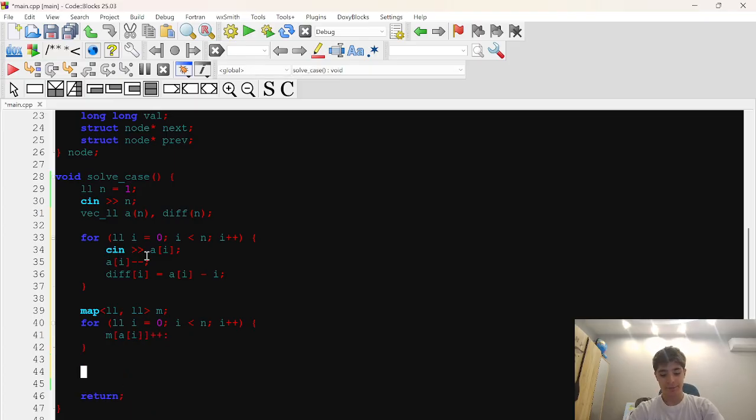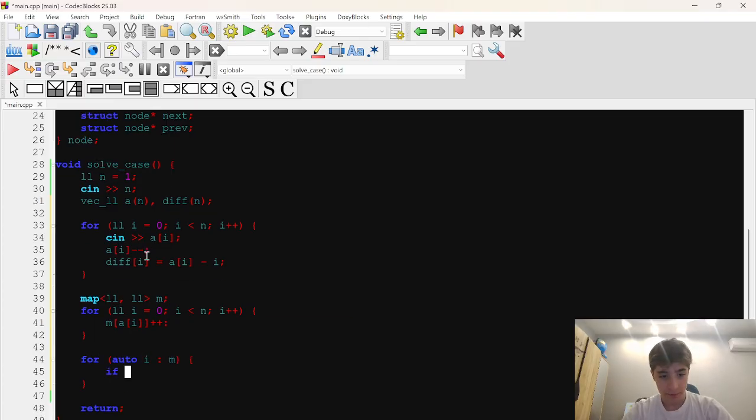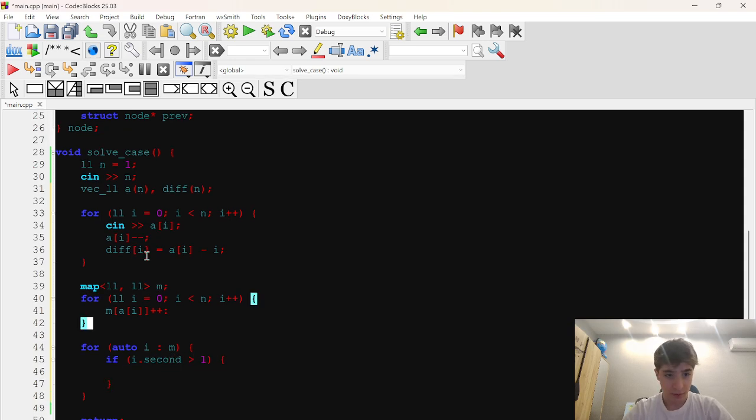Then at the map, I need to find the values that are more than 1. So for auto e in map, if e second is more than 1, I do the count is going to be 0, and do count plus plus, or count plus e second. I think so, like this. E dot second.